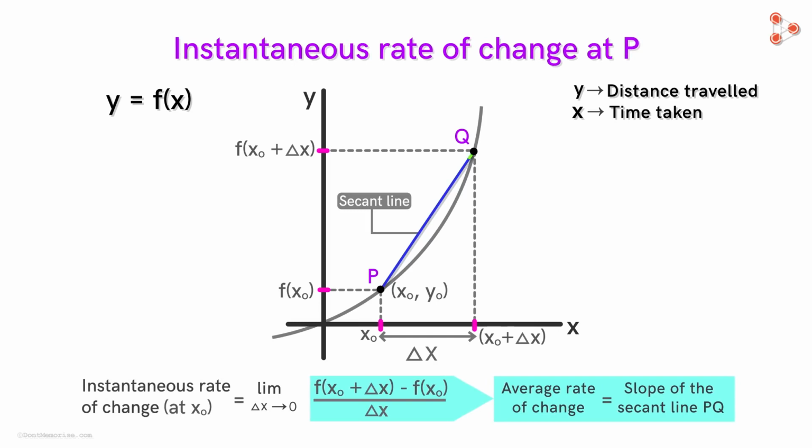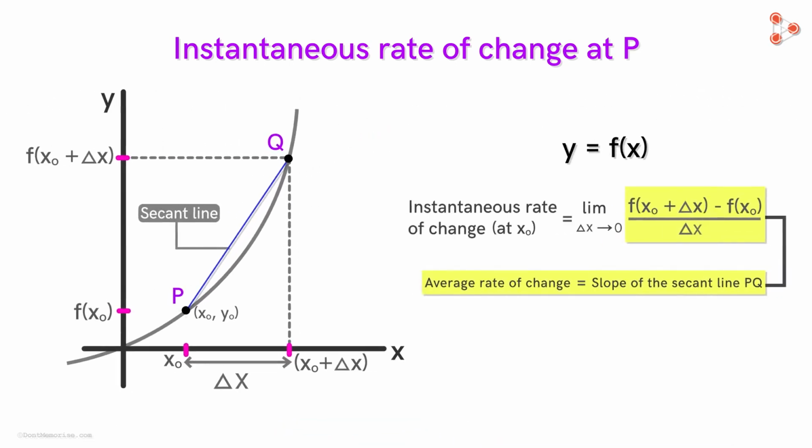Now, what happens to this secant line as delta x tends to 0? Let's say we find the average rate of change between points P and Q1, Q2, and so on. We can see that as delta x tends to 0, these points come closer and closer to the point P. So as the limit delta x tends to 0, the secant line will pass through only one point P on the curve. That is, the secant line approaches the tangent line.